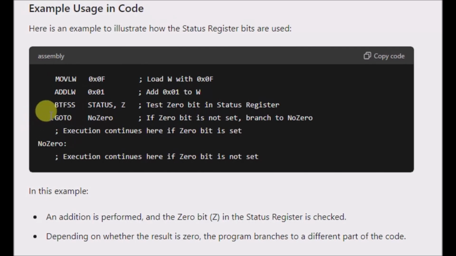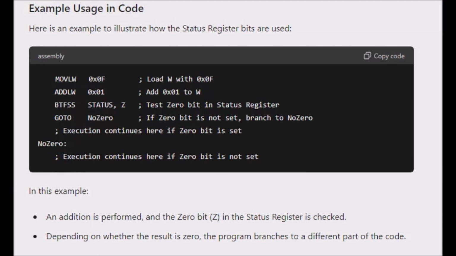So if it's not set, anyway, execution continues here if zero bit is set. NOZERO, execution continues here if zero bit is not set. I'm just thinking that maybe instead of this comment, there might be more code written here and here, depending on what you're trying to do.